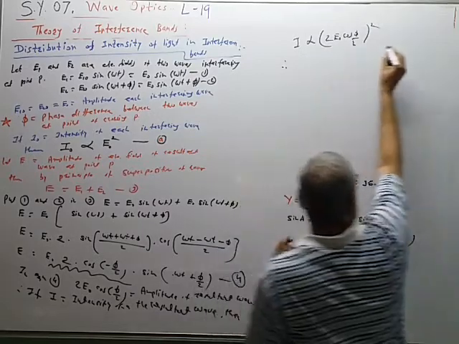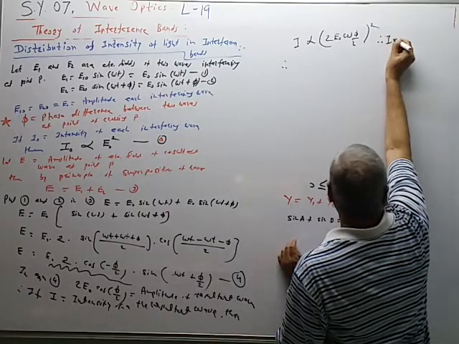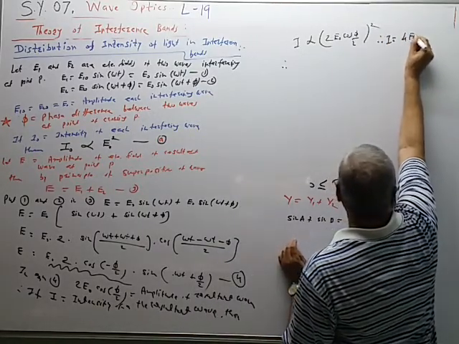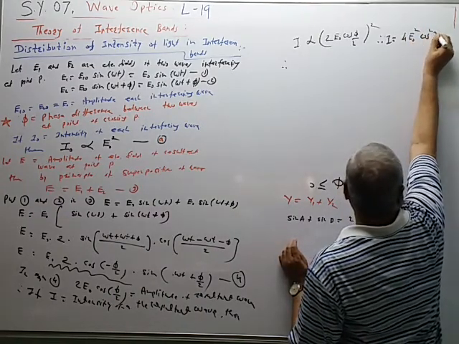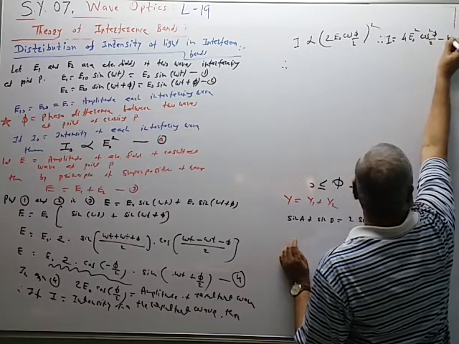So I is directly proportional to 4 times E0 square cos square phi by 2. This is equation 5.